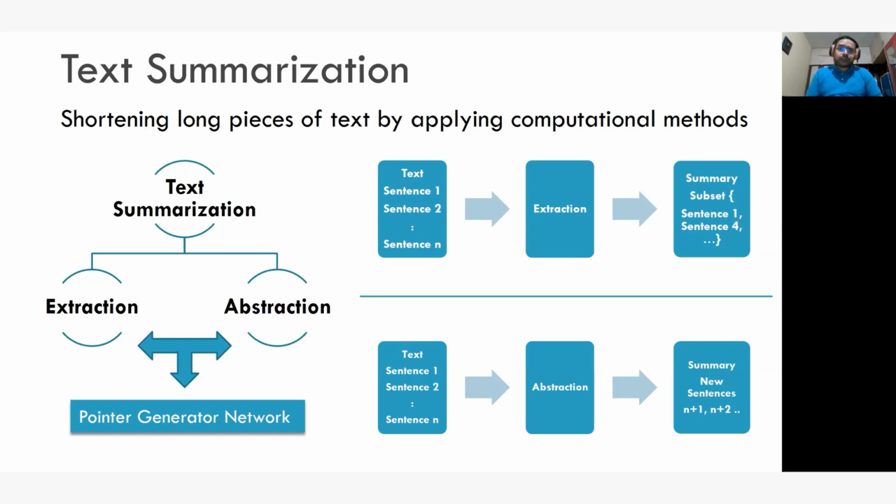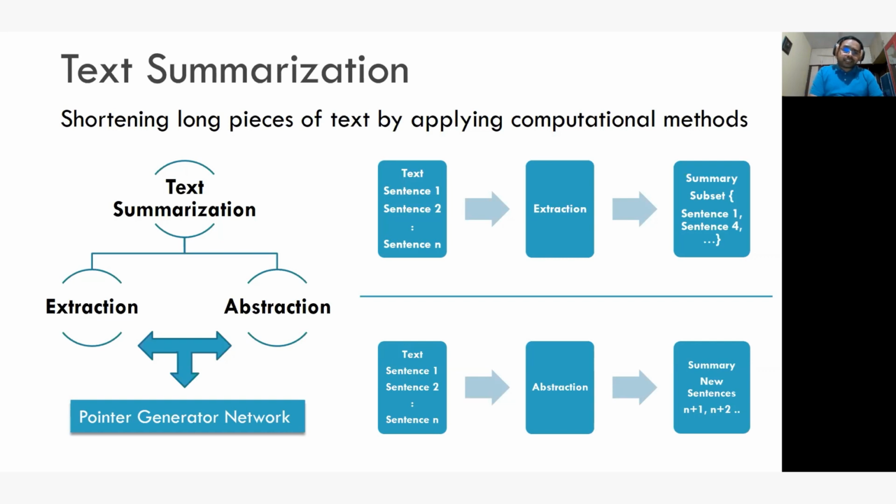In this way, we are applying computational methods on long pieces of text or a document, and we are generating a summary. Now, if we come to text summarization, there are two basic approaches which are most widely used.